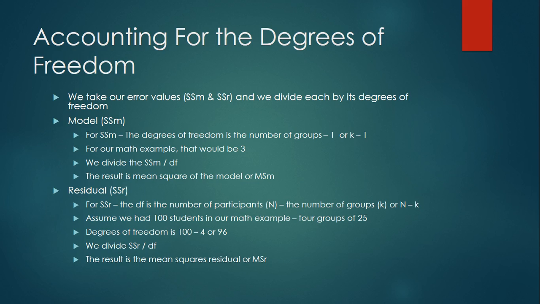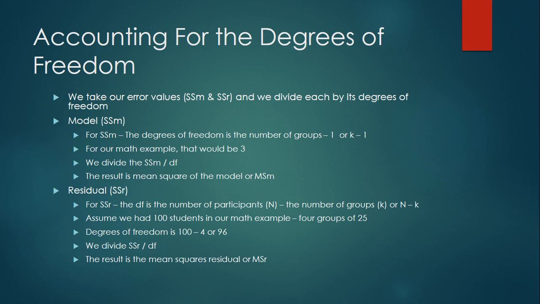So we would divide the error value by 3, distributing that error over those 3 degrees of freedom. And that's how we come up with something called the mean sum of the model. Okay? So MSM is the mean sum of the model. It's the value you get when you divide your SSM by your degrees of freedom.